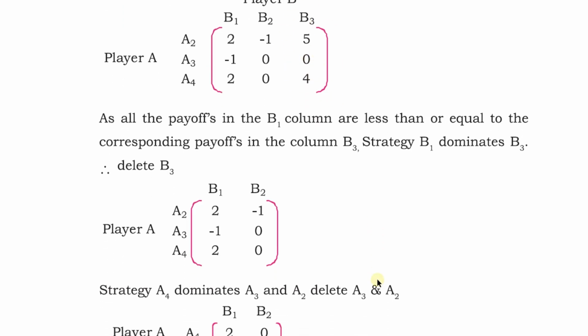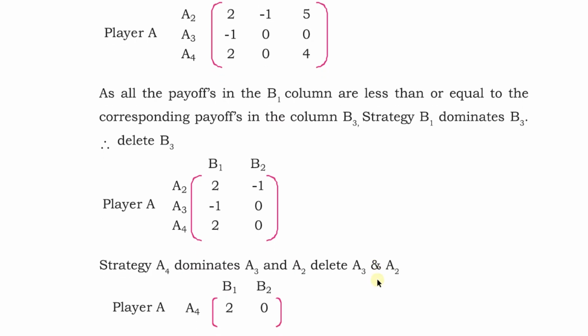Next, what remains here is a2, a3, a4, b1 and b2. Now again we have to employ the row technique here. We have to make sure one row dominates all the others. Now consider a4 here. a4 has elements 2 and 0. Let us see whether a4 can dominate a3.